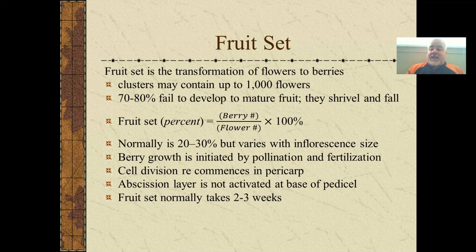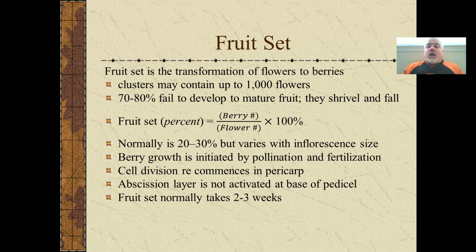So how many berries do I have and how many flowers do I have? Well, you just got to count and estimate. So during flowering, it's important to measure this. It's important to take an estimate of what is my flowers per cluster. That's one of the data points you collect during the growth period.